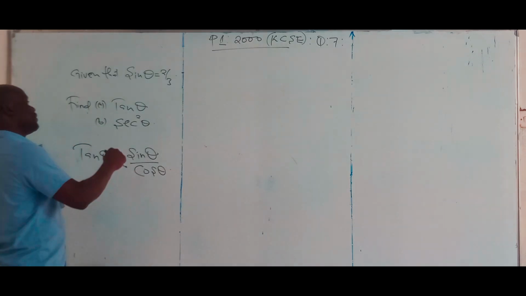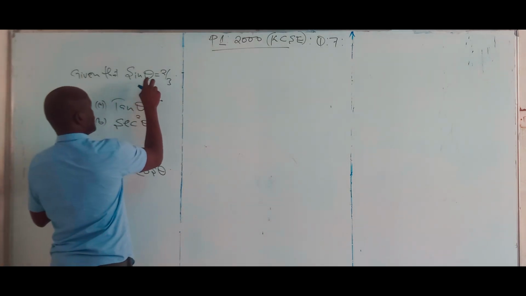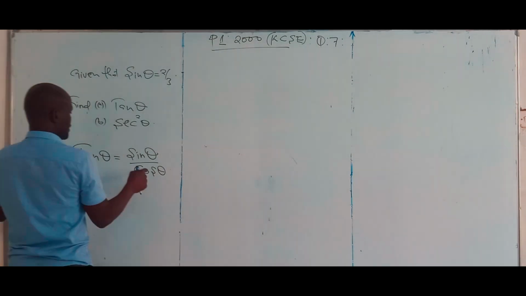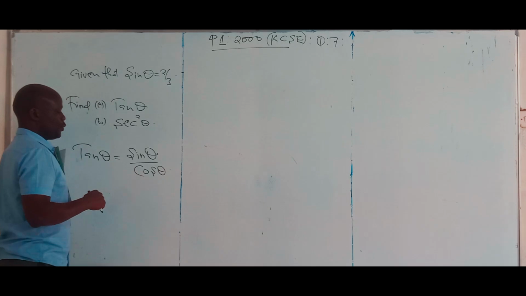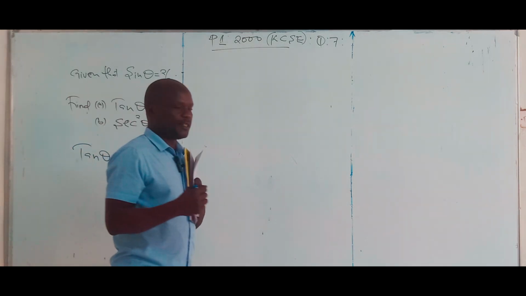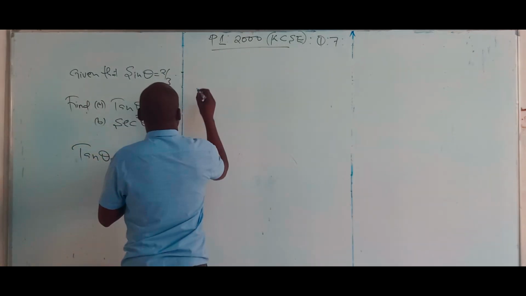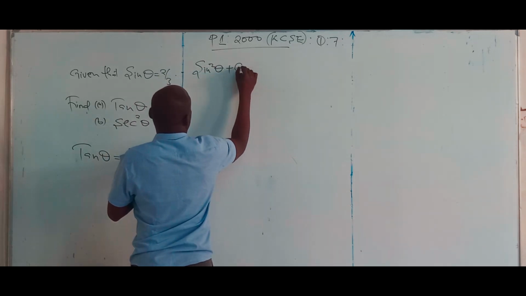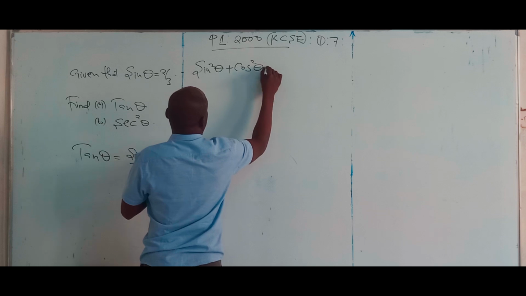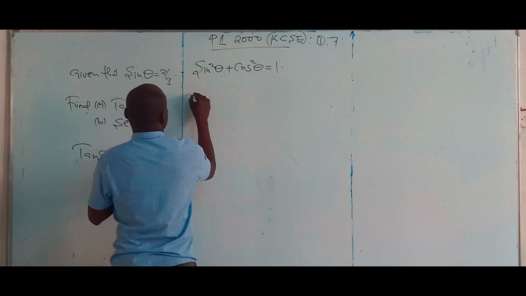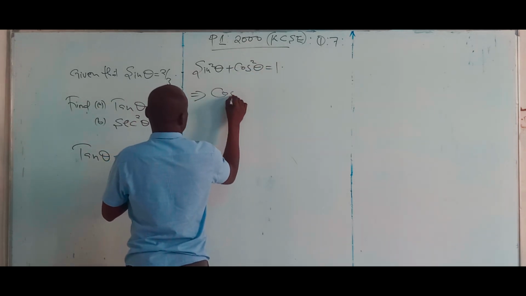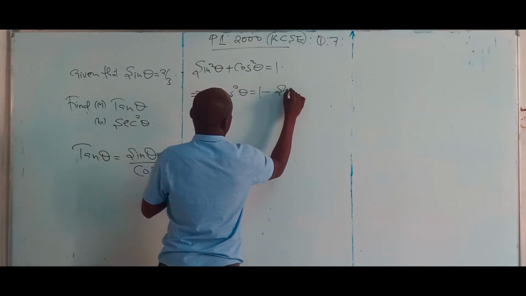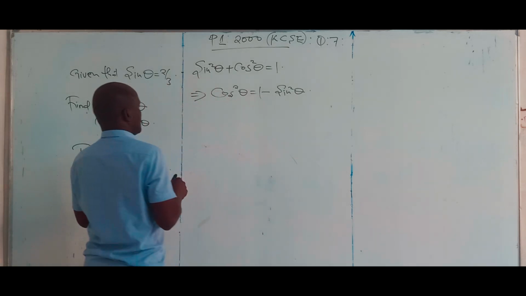But the information we have is sin theta equals 2/3. So for us to get cos theta, we remember our Pythagorean identity, which states that sin squared theta plus cos squared theta equals 1. That implies that cos squared theta is equal to 1 minus sin squared theta.